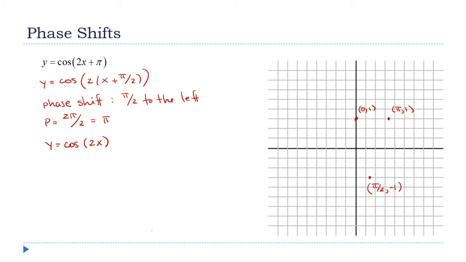negative 1). All right, now again, let's get a little more in here. If I go over to (negative pi, 1), that's going to be the next maximum, and the next minimum will be here at (negative pi over 2, negative 1).